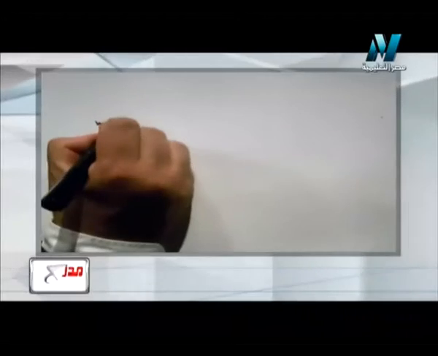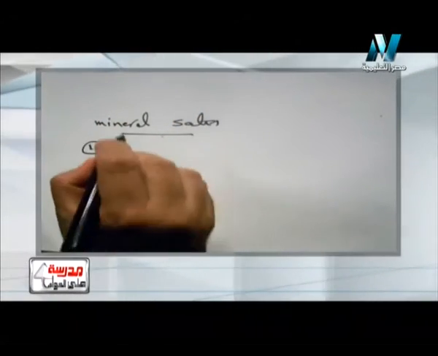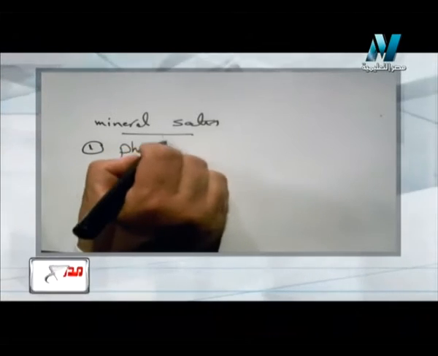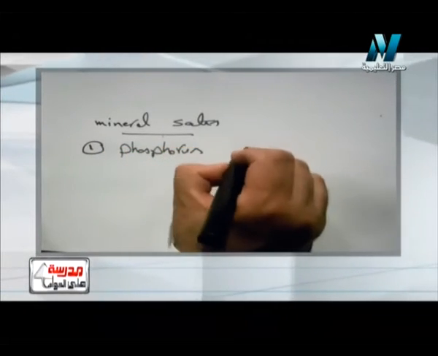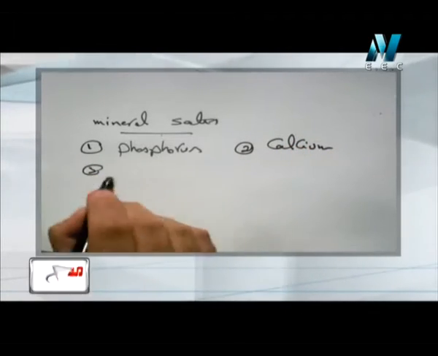Also, what are the mineral salts the plant needs? We have many important mineral salts that the plant needs, such as number 1, phosphorus. Number 2, calcium. Number 3, magnesium.